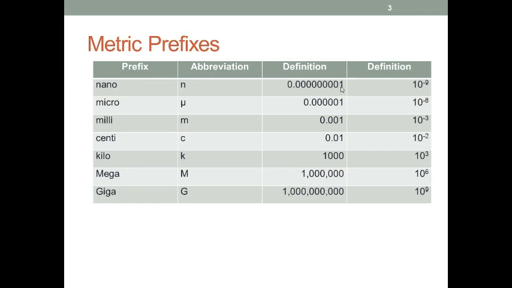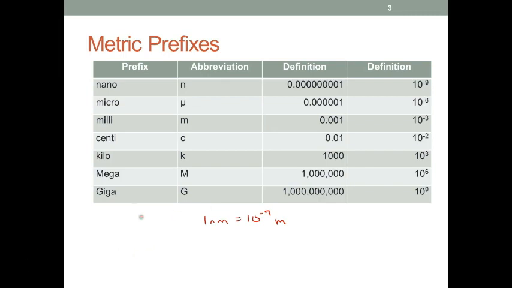That means that 1 nanometer is 10 to the minus 9th of a meter. It's 1 billionth of a meter. We would write 1 nanometer as such. So 1 nanometer equals 10 to the minus 9 meters.